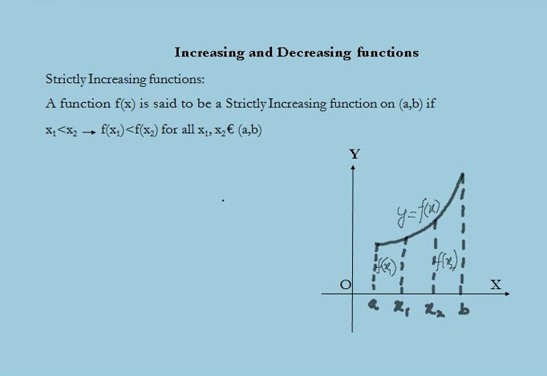Now in this given graph we have a curve defined as y equal to f(x), and here x1 is less than x2, which implies that f(x1) is less than f(x2) for all x1, x2 belonging to interval (a, b). Graphically, f(x) is increasing on interval (a, b) if the graph, which is y equal to f(x), is moving upwards with the increasing values of x in the right direction.